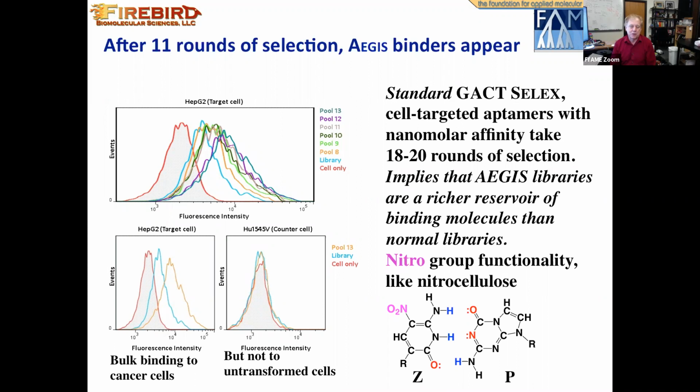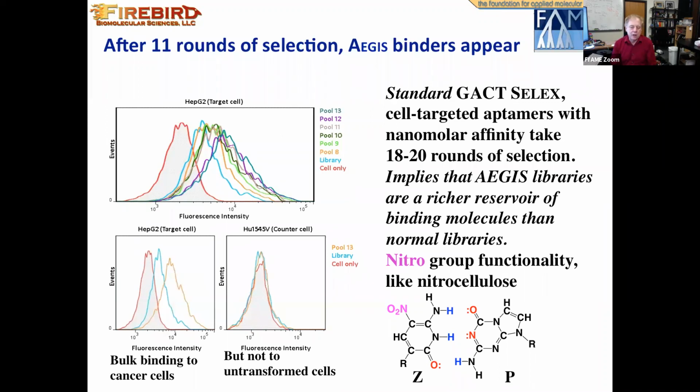We're using now a cell sorter to see what fraction binds after pool 13, round 13. So in the upper plot, you see the red curve on the left, that's the cell only, and then the aqua curve just to the right, this is the non-specific binding of the whole library to that cell. That library, of course, is carrying a fluorescent tag, so you can see it.